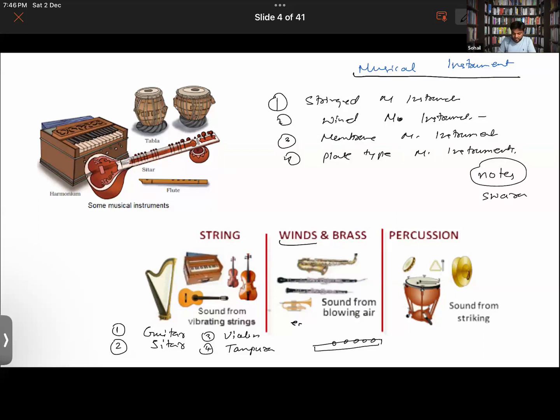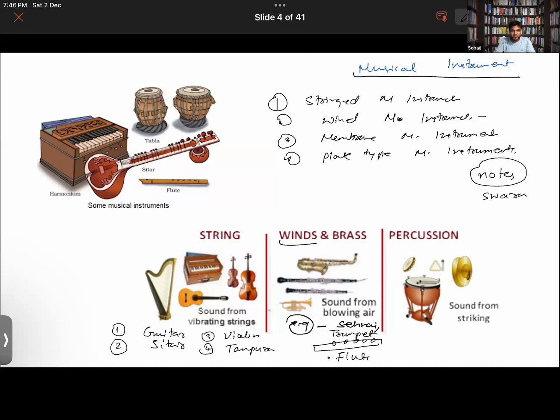Make sure you remember the examples. We cover the holes to make different sounds. Yes, basically in the trumpet they will be covering the holes at different intervals in order to produce different sounds, right? So sehnai is there, and we have trumpet. Any other example? Flute is also there, right?